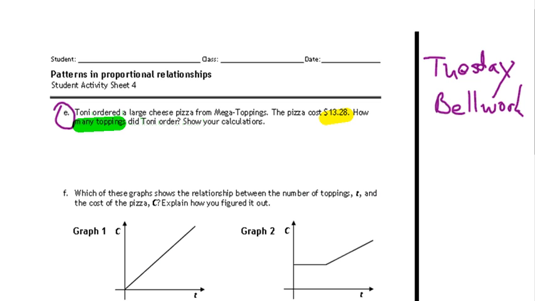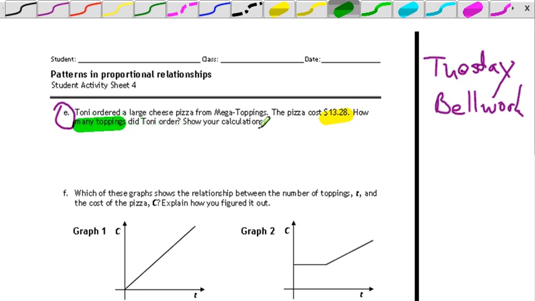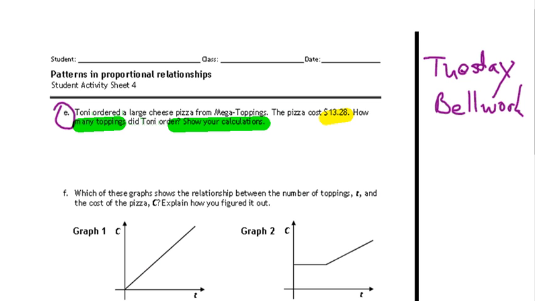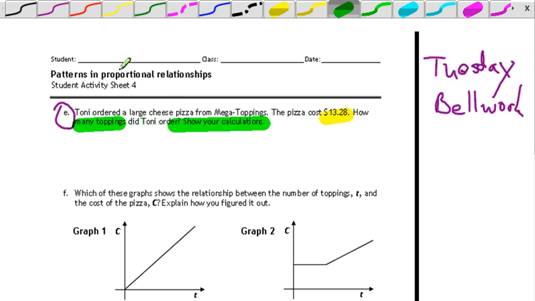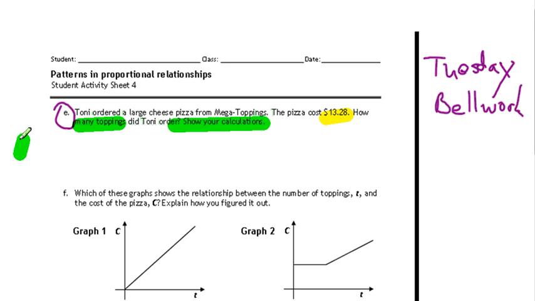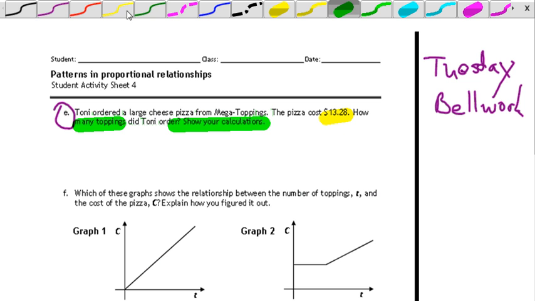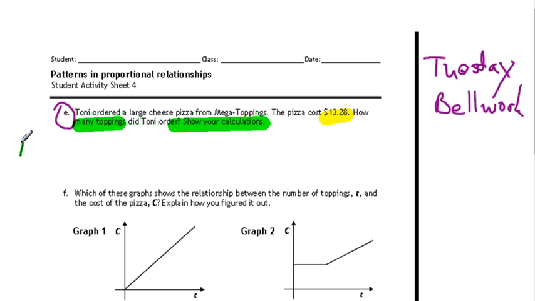We have to show our calculations. We know using ACE that the answer is going to be 11. You already have the answer on the front page of your Cornell notes. So the answer is going to be 11.